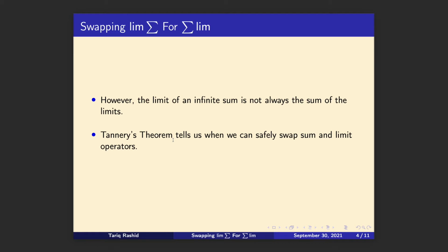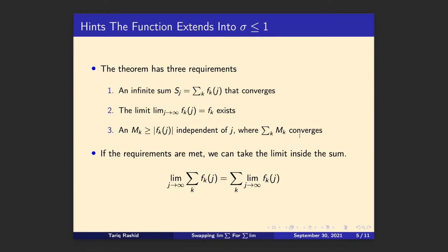But it's a nice one that isn't overly complicated, so we'll look at it today because it's handy and useful for the kinds of things that we'll be looking at. It tells us when we can safely swap the sum and the limit operators. So what we'll do is state the theorem, then apply it to the Riemann Zeta function, and then at the end we'll do a little proof if you're interested.